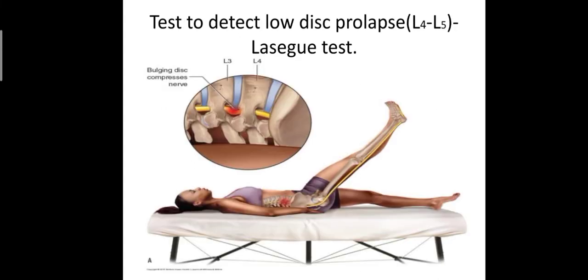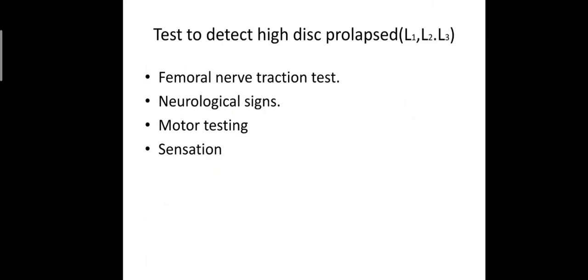Tests to detect low disc prolapse: Lasègue test. In this, between L3 and L4, a bulging disc is visible. Tests to detect high disc prolapse: femoral nerve traction, neurological signs, motor testing and sensation.